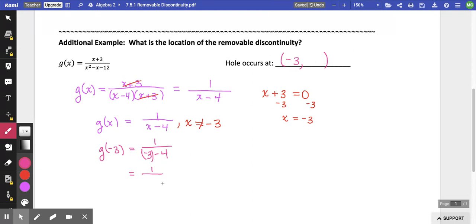On the bottom it says negative 3 minus 4, which is negative 7. And when you have a fraction and you end up with a negative in the denominator, it's proper to rewrite it so that that negative is either in front of the fraction or in the numerator. You can just slide it to either of those locations, it doesn't matter. So my y value for my hole would be negative 1/7.